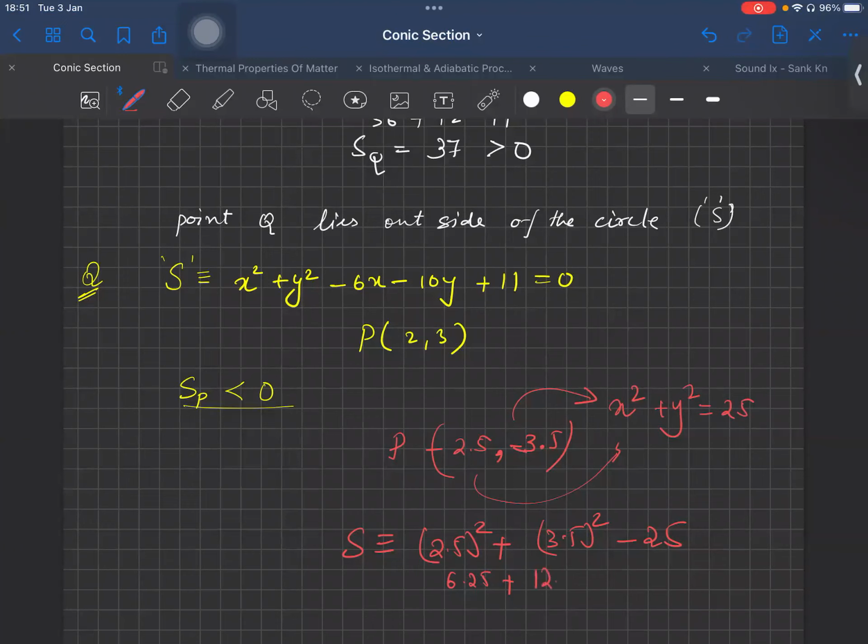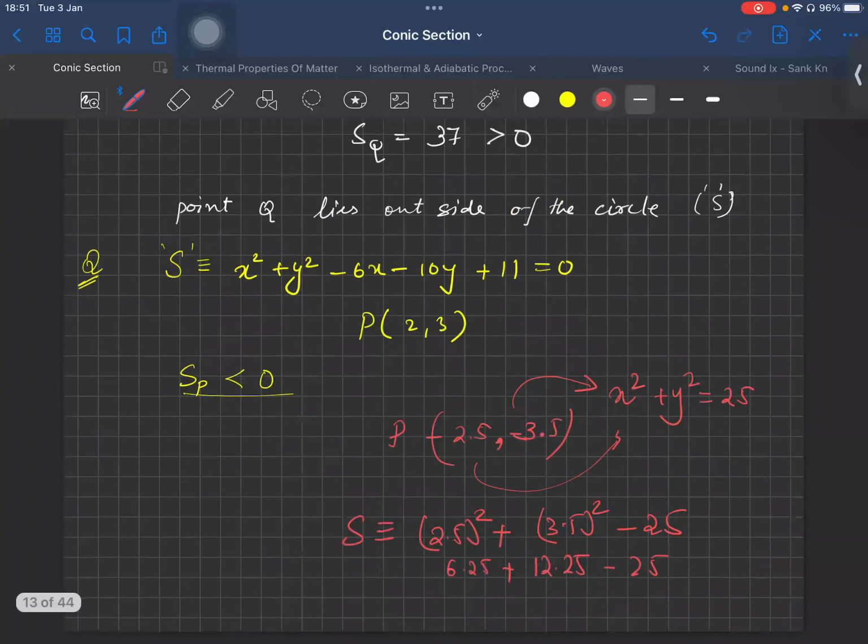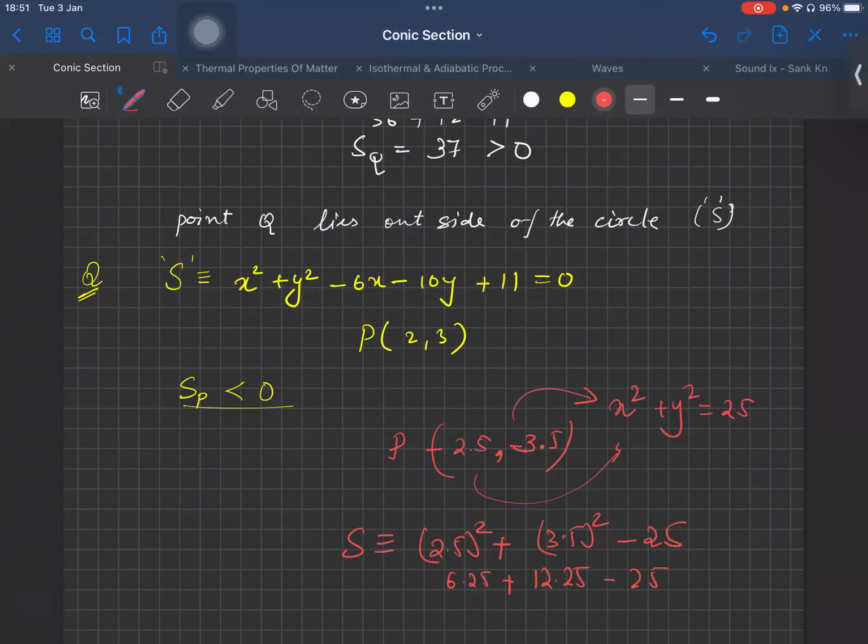So it is 12.25 minus 25. 12.25 plus 6.25 is 18. So this value is lesser than 0. That means negative value. That means point P is inside the circle.